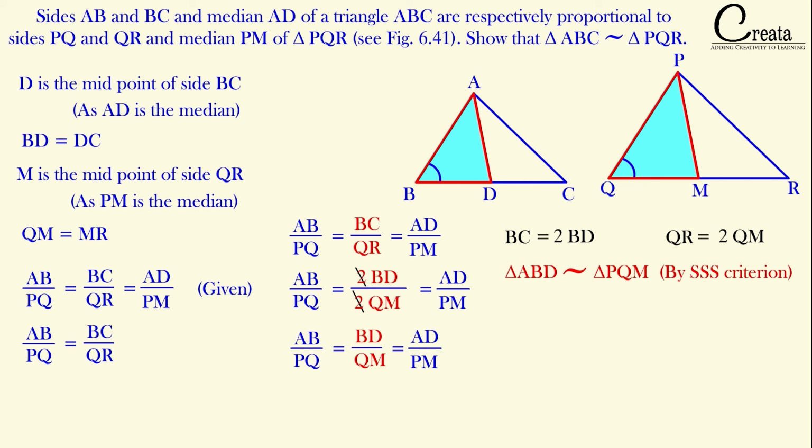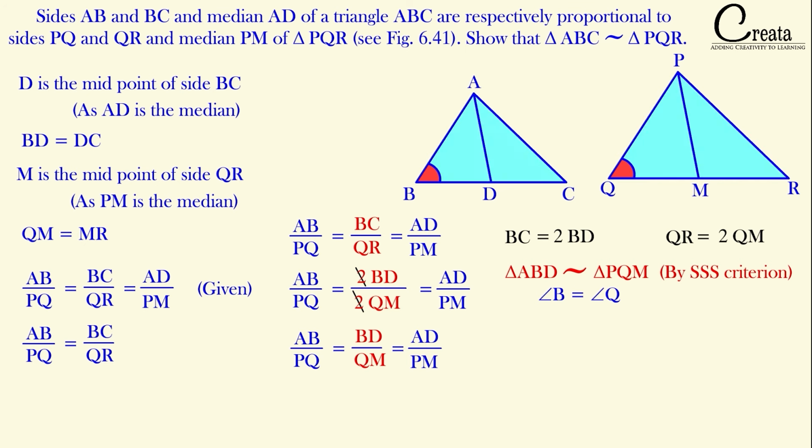Once we get any two triangles as similar, we can say their corresponding angles will be equal to each other. That is angle B and angle Q, angle D and angle M, and angle A and angle P. These three pairs of angles will be equal to each other. Why? Because both of these triangles are similar to each other. Let's take only angle B and angle Q as equal.